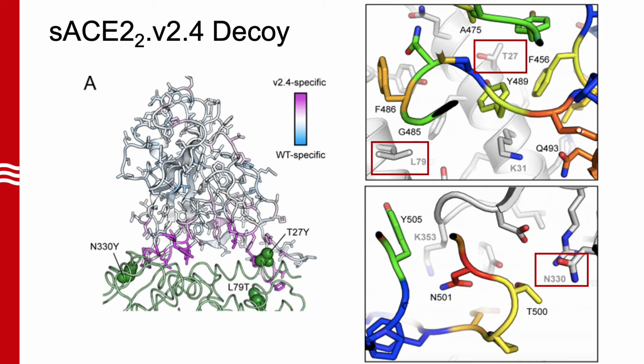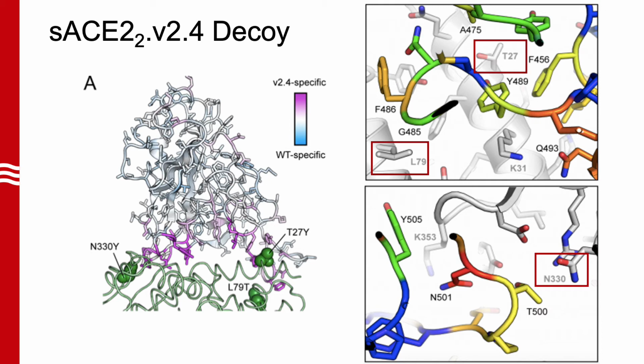Additionally, an aromatic amino acid preference at position 501 was also noted, which we discussed in the case of the N501Y mutation in last week's paper. So the researchers engineered a decoy that capitalized on these trends and employed certain mutations at the interface of ACE2 and the viral RBD that would increase interaction.